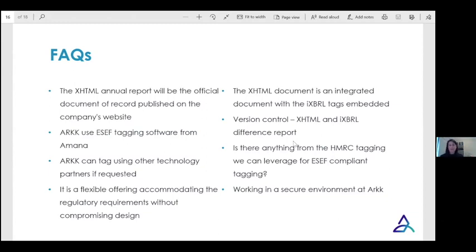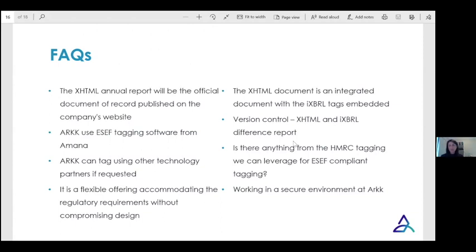So our staff go through a minimum of a couple of months training before we let them do any sort of pre-tagging analysis with the new taxonomy, just to give you an idea. And then working in a secure environment. So yes, we've had some questions around security. As I mentioned earlier on in the presentation, we're ISO 27001 certified.